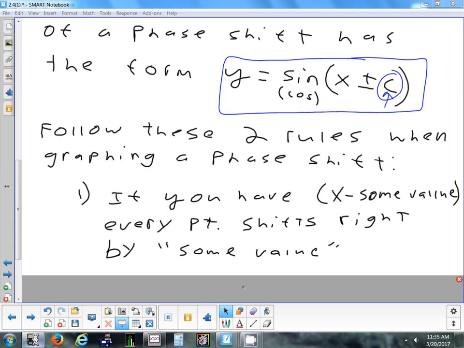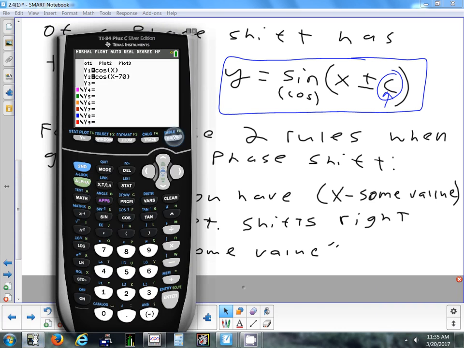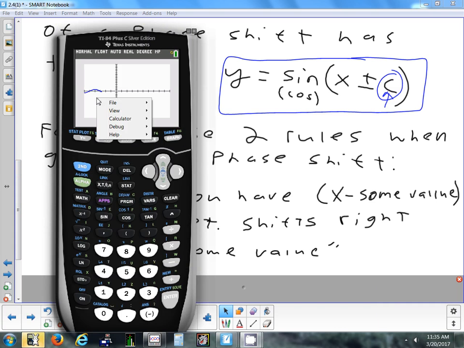Let's take a look. There's the original, and there's the one in red.